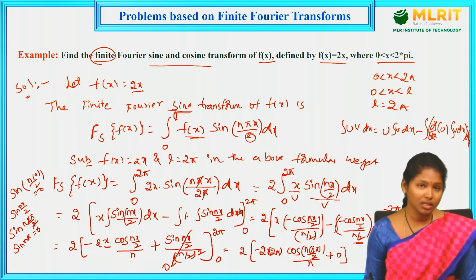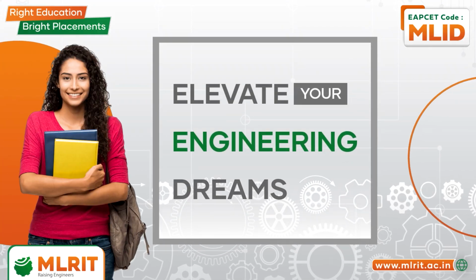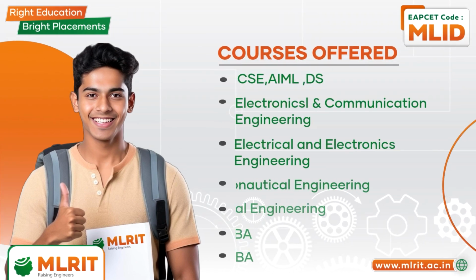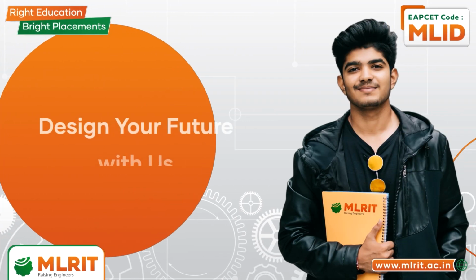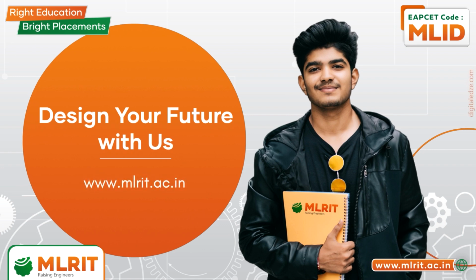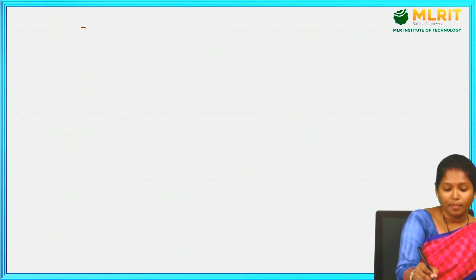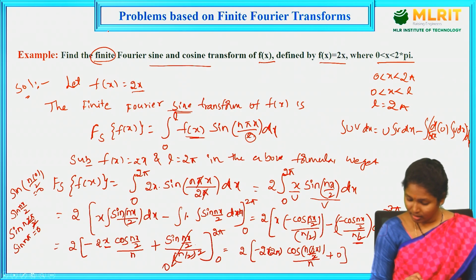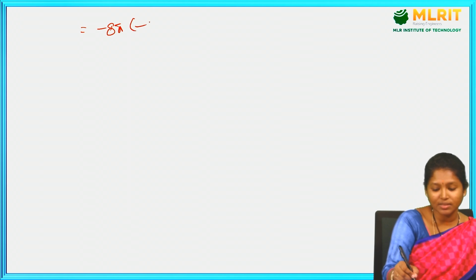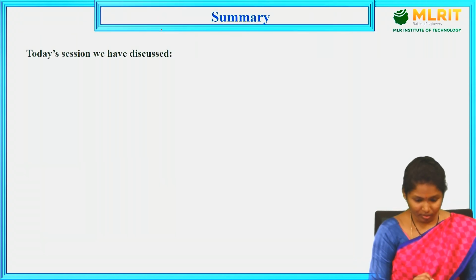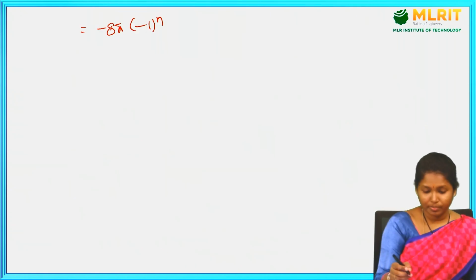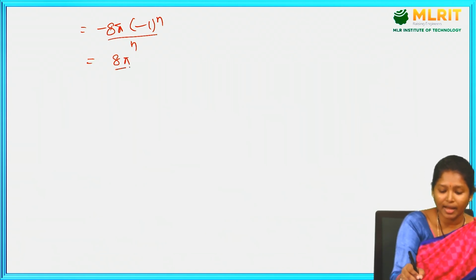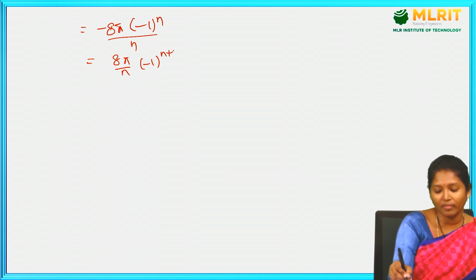So we will get minus 8 pi, cos n pi value is minus 1 whole power n, by n. So we can write it as 8 pi by n into minus 1 whole power n plus 1.